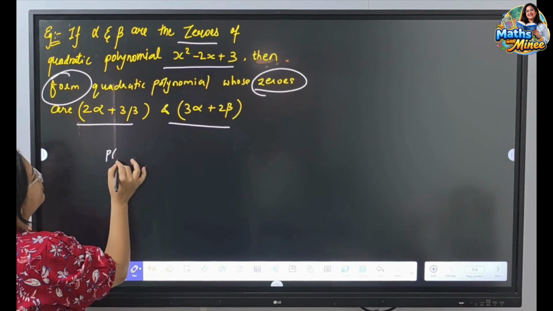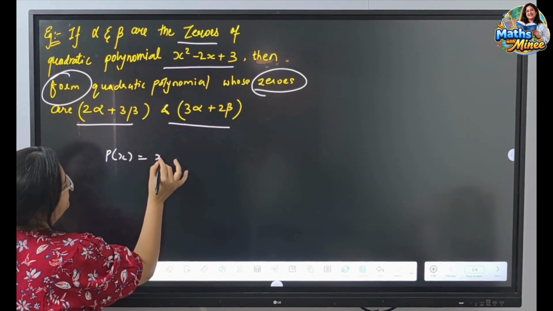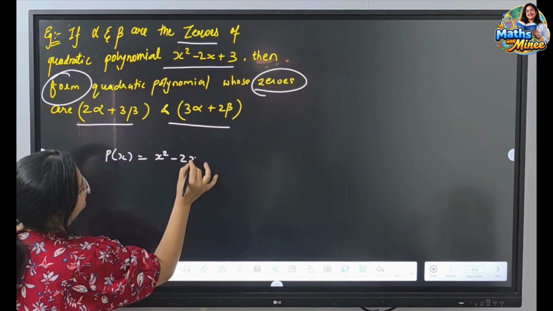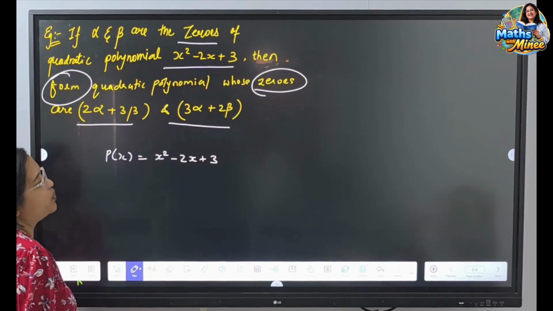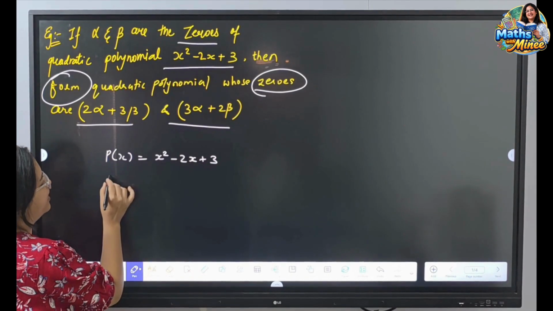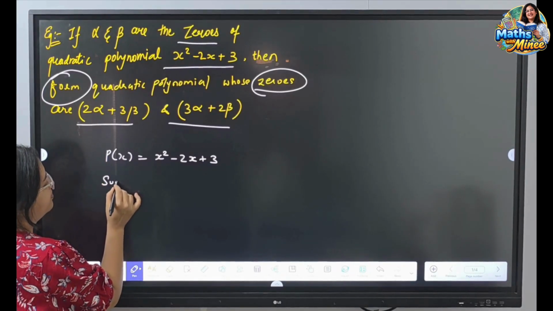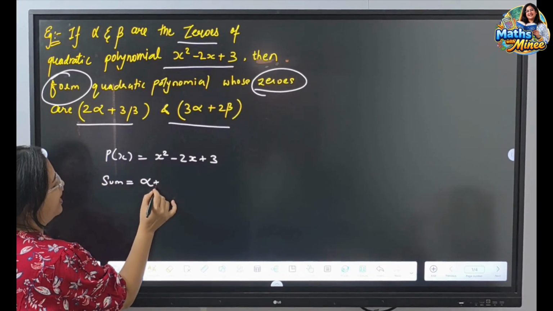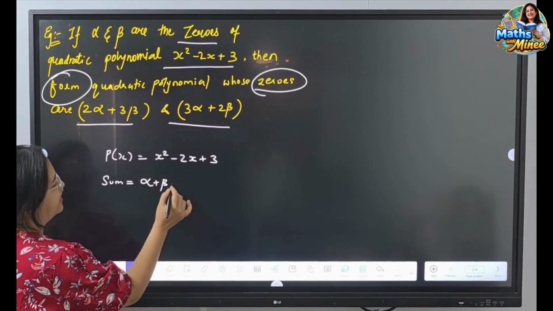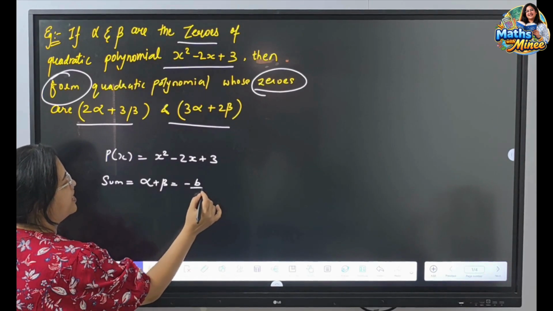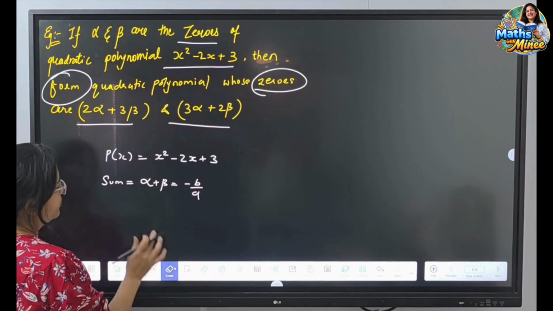Let us say p of x is equal to x square minus 2x plus 3. Now you know that if you need to find the sum, we can go with the formula alpha plus beta, that is minus b by a.